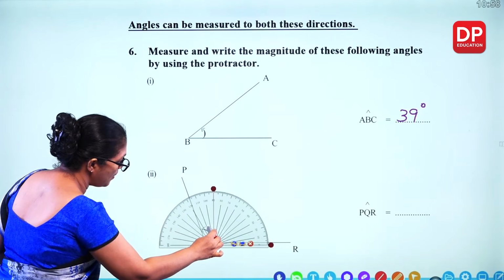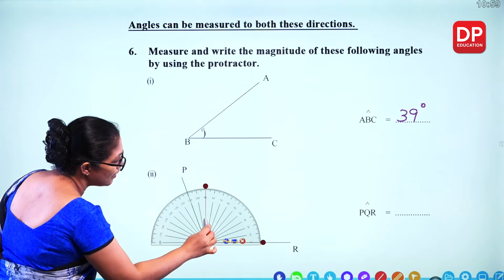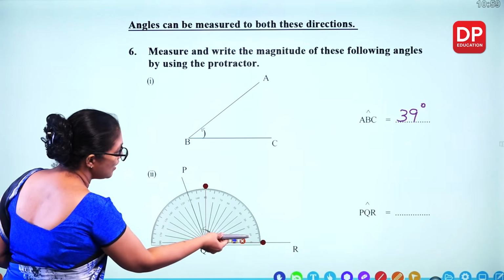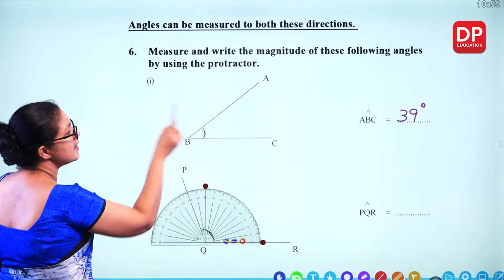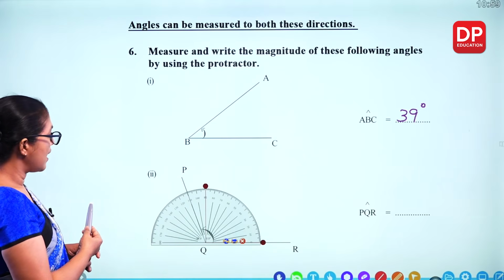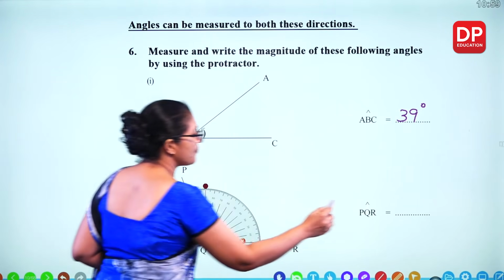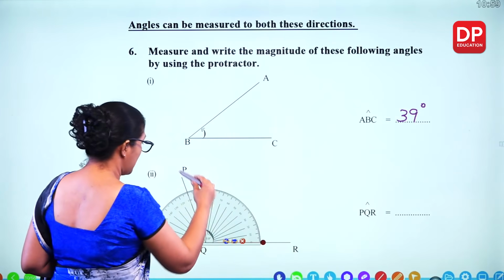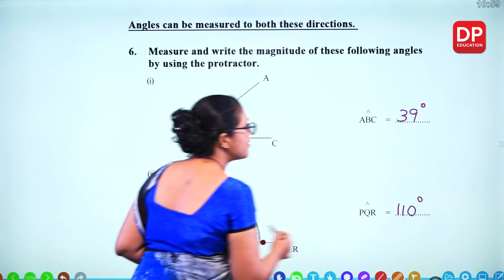I can keep the origin here. Now I have to measure here to here. So this is an obtuse angle. Here you got an acute angle, 110. So PQR angle is 110 degrees.